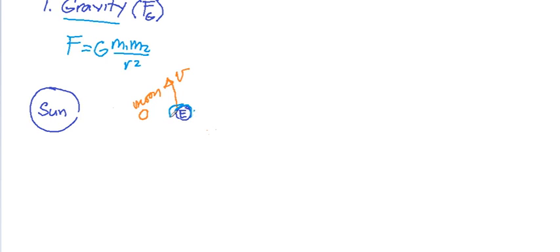It would be much higher. I'm trying to exaggerate this one. It would be much higher compared to when the moon, the earth, and the sun are perpendicular to each other. The water level would be higher because there is a bigger influence of the moon and the sun on the tide. So it's a force of gravity. Even though they are far from each other, there still exists this force. We call that gravity.